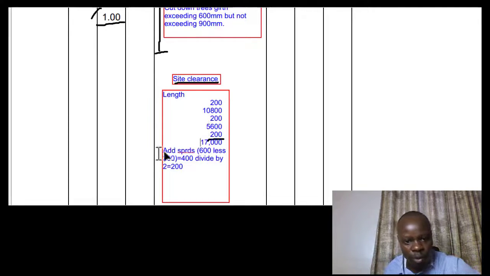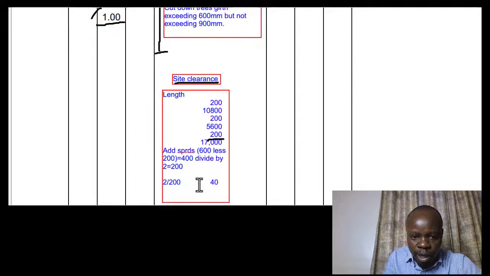Once you add the footing, that is where we are doing the spreads. How you got the spreads is by getting the total spread width less 200, and then you divide by 2. So we have 200, but now it's 17,000 plus 200 times 2. So 200 you can indicate times 2, and the total is 400.